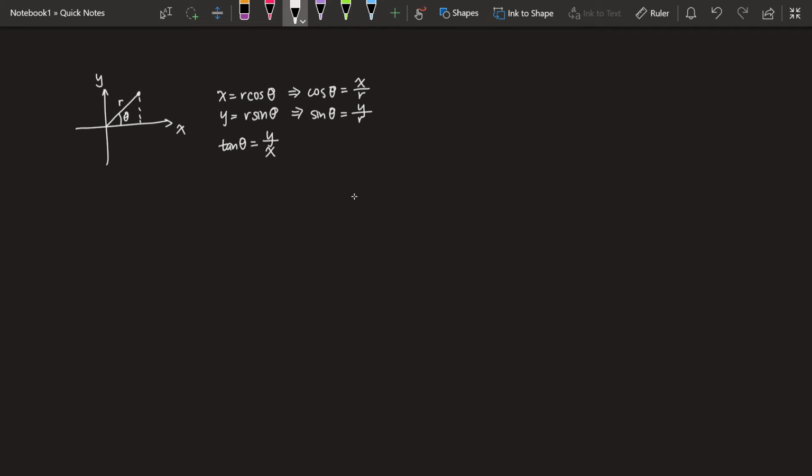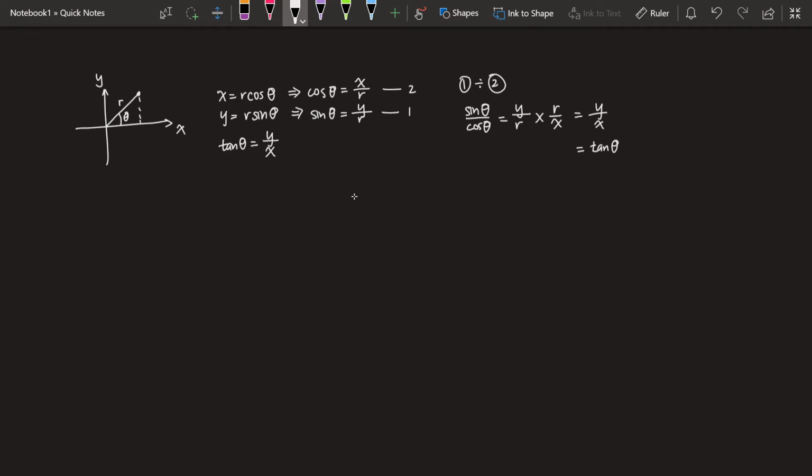So if you notice, if I take equation 1 divided by equation 2, so sine theta over cosine theta, you will get y over r times 1 over cosine, which is r over x, which will give you y over x, and this is equal to your tangent theta.